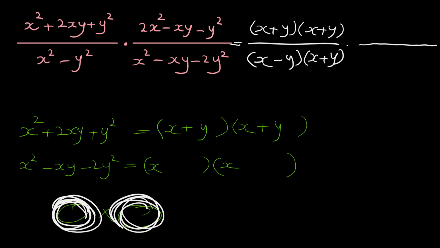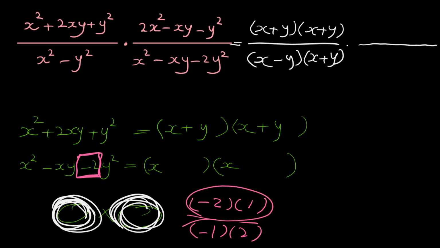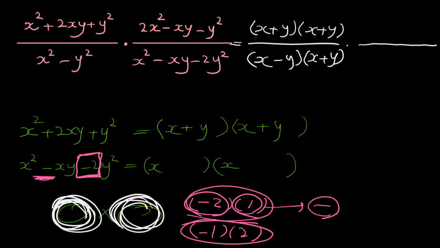Focus on the negative 2. What are the two numbers? You can think of it this way, maybe it's easier. What are the two numbers whose product is negative 2? Two numbers whose product is negative 2 can be negative 2 times 1 or negative 1 times 2. But between these two pairs, we are looking for the one whose sum is negative. Negative 2 plus 1 is negative, but negative 1 plus 2 is positive.